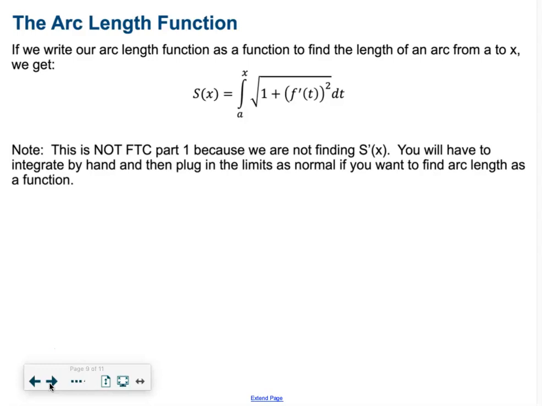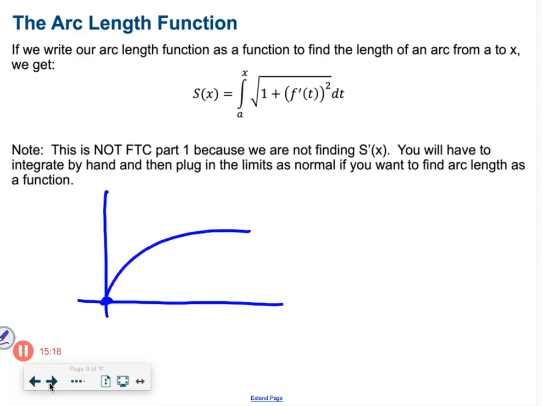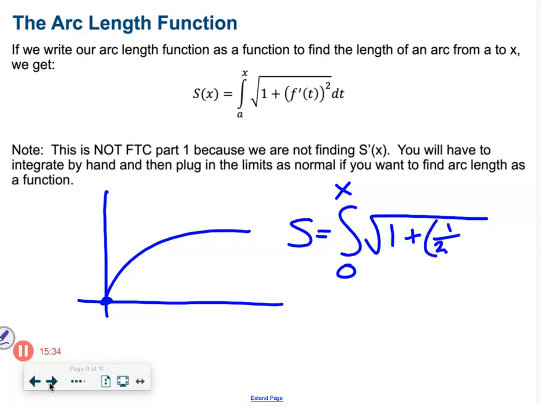So all it is, it's talking about arc length as a function where if we're doing y equals root x, instead of having the arc length go from like 0 to 2, we could write the arc length going from 0 to x of the square root of 1 plus f prime squared. But instead, remember that this and this cannot match. So if you're using an x up here, you have to use a t or something else in here, right?